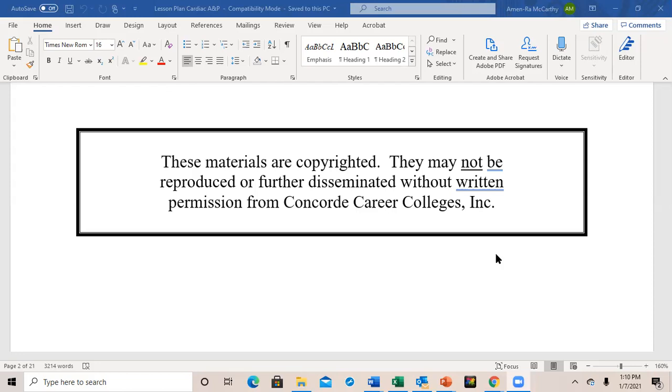We're also going to get into EKGs, electrocardiograms. In the lab for this one, you'll have to be able to put all the leads on, the precordial leads, 12-lead EKG, and be able to tell me where it's placed.